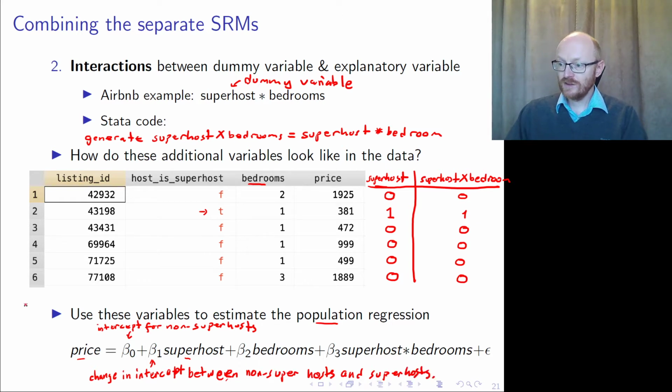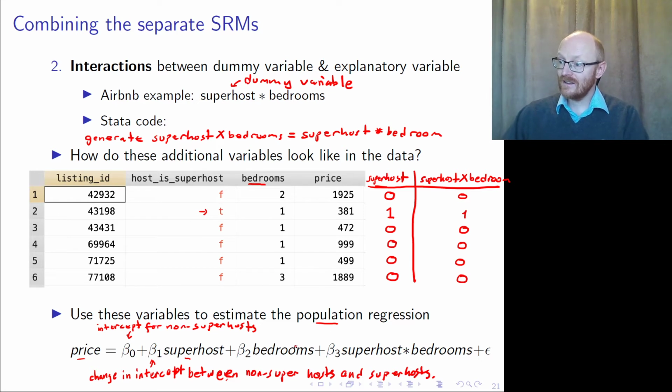Okay, so the beta 1 population parameter is not the intercept for superhosts, it's the difference in intercept between non-superhosts and superhosts.